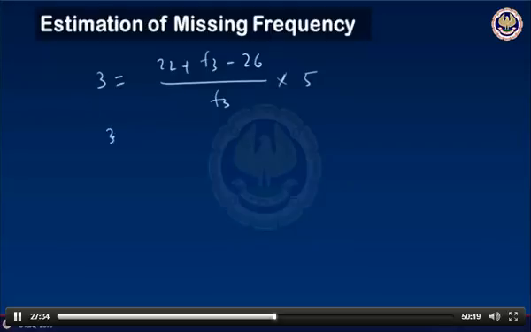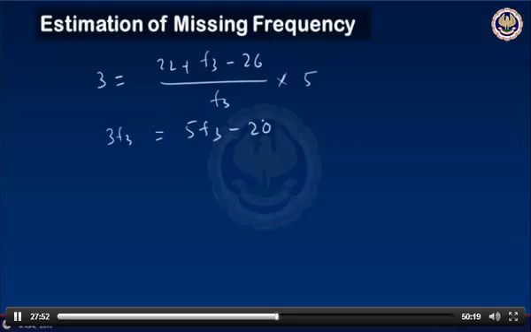So 3F3 equals 5 into (F3 minus 4), that is 5F3 minus 20.